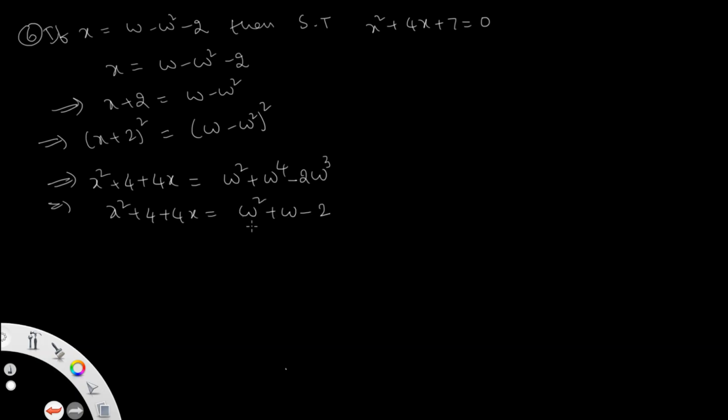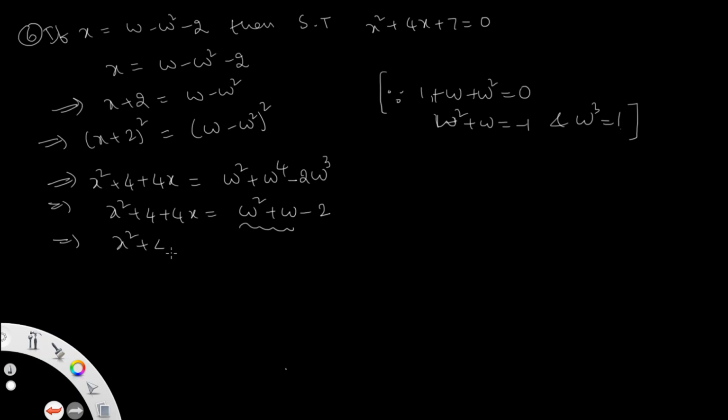So omega square plus omega is nothing but minus 1, since 1 plus omega plus omega square equal to 0, and omega cube equal to 1, whereas 1, omega, omega square are cube roots of unity. Then x square plus 4 plus 4x equal to minus 1 minus 2. That implies x square plus 4x plus 7 equal to 0.